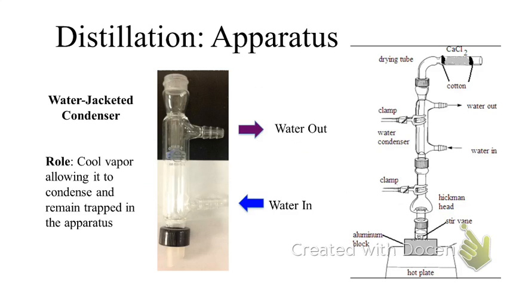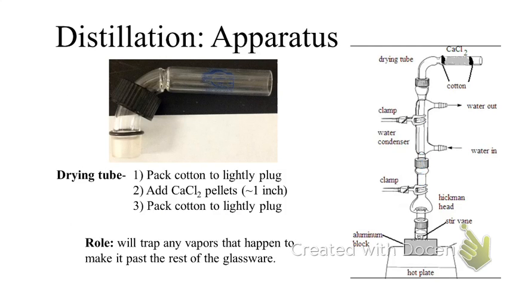Just because we want to be excessive, we're also going to add a water condenser to this. So if for some reason your reaction gets really, really hot, air might continue to travel up. The water will help cool our condenser even faster or more efficiently, and we can try and trap our product inside even better. The very last thing we're going to attach is a drying tube.